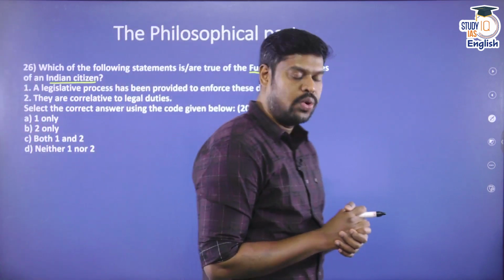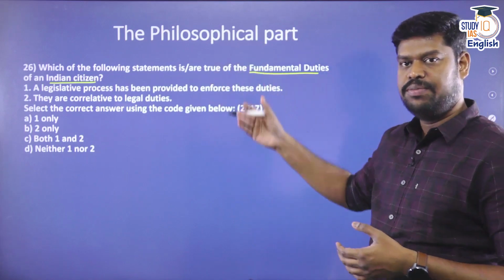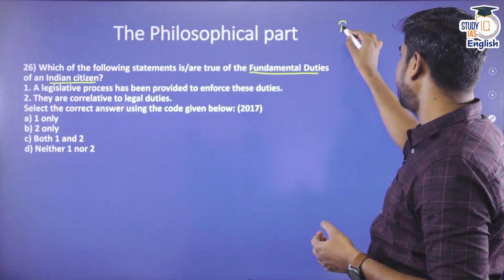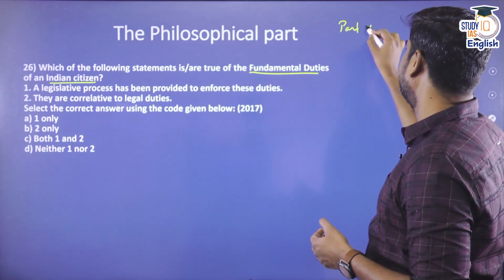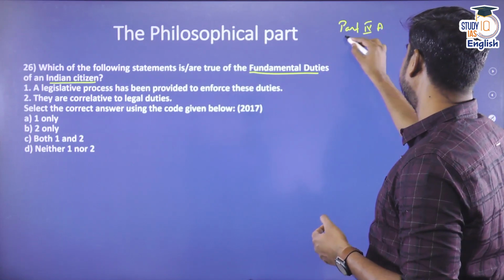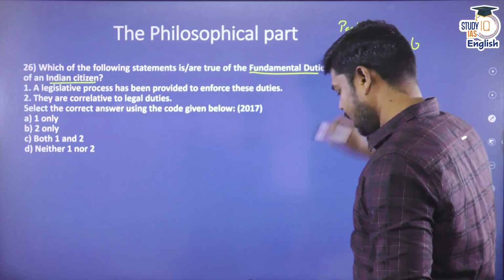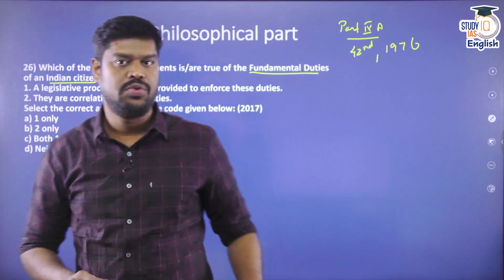To answer this particular question, let us see a few pieces of information. In fact, the fundamental duties are mentioned in Part 4A of the Constitution, inserted by the 42nd Constitutional Amendment Act 1976, because before that we did not have fundamental duties.